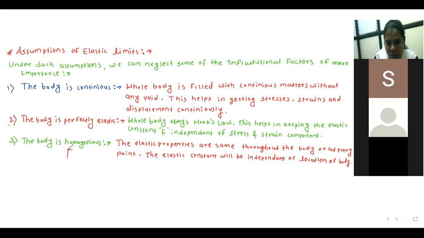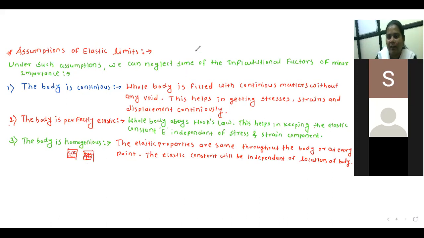Suppose this is our member, and whenever you check the elastic properties, they are same at every point or throughout the body, then this body is called a homogeneous body. If our body is homogeneous, then wherever you check the elastic constant, it is independent of location. So this is our third assumption.